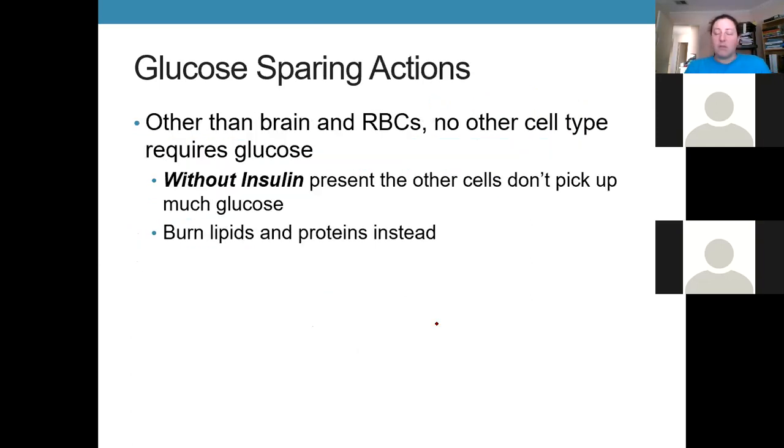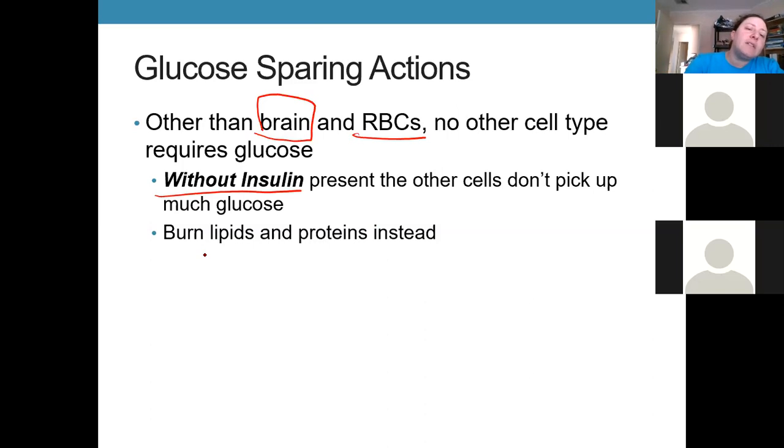In addition to supplying glucose, we also have these glucose-sparing actions. That's what we call it when there's no insulin present to allow cells to pick up glucose. So really the only types of cells that need glucose are your neurons, so mostly that's in your brain, and your red blood cells, because your red blood cells don't have mitochondria, and for whatever reason, your neurons don't do fatty acids or amino acids.